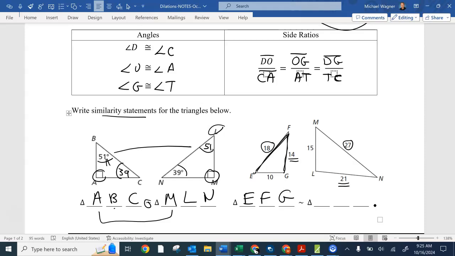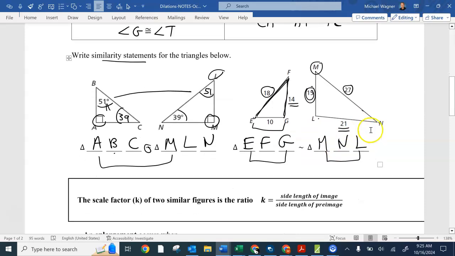If I started with M, it goes through the biggest side to N, and then goes to L. So EFG matches that. Now I can also try it like this. EG is the smallest side, right? So these two here are the smallest side. So ML should be the smallest. ML is the smallest, which it is, 15. Okay, so that's how you can match up the sides.